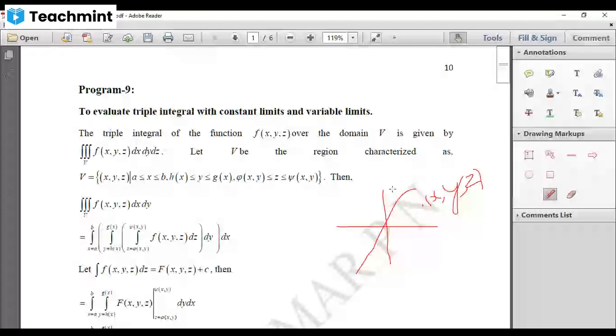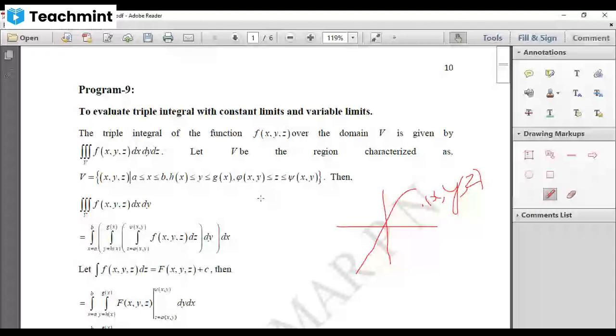So when you say V is a region, V is some curve in space, it is nothing but the collection of all the points (x, y, z) satisfying certain conditions.